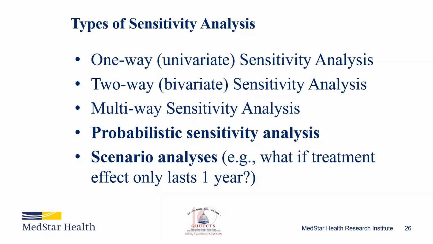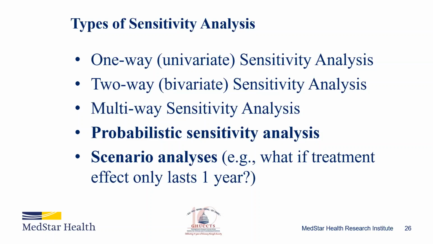Sometimes you'll see two-way or bivariate sensitivity analysis, where you vary two different parameters, cost and utilities. And then there's obviously such a thing as a multi-way, where you vary a number of different things that might influence cost and utilities. But of course, once you get beyond a two-way, it becomes very difficult to actually do that in practice.